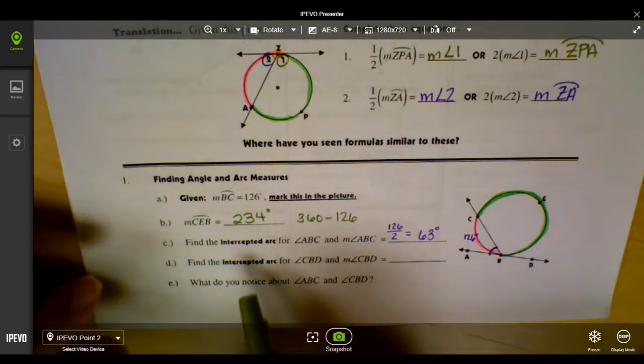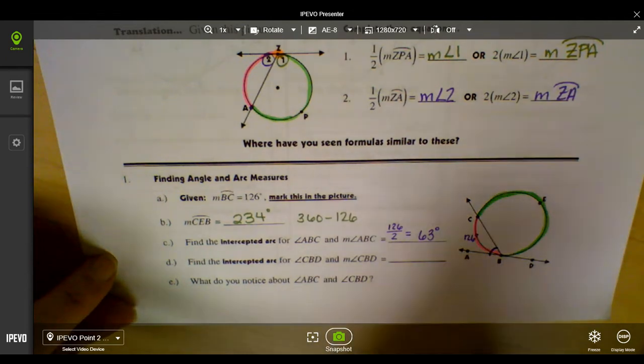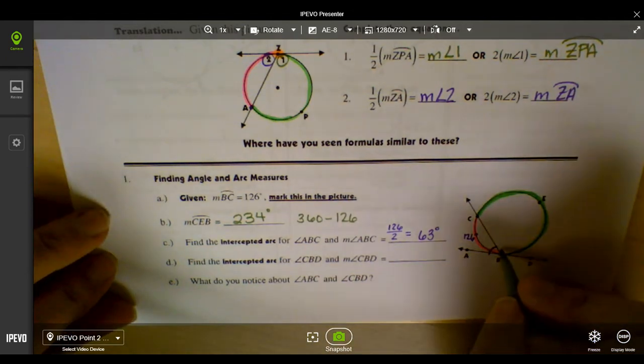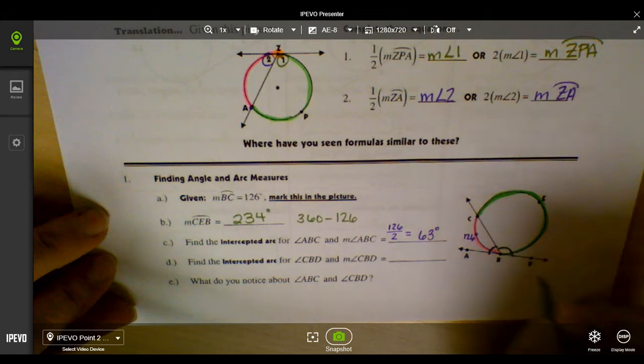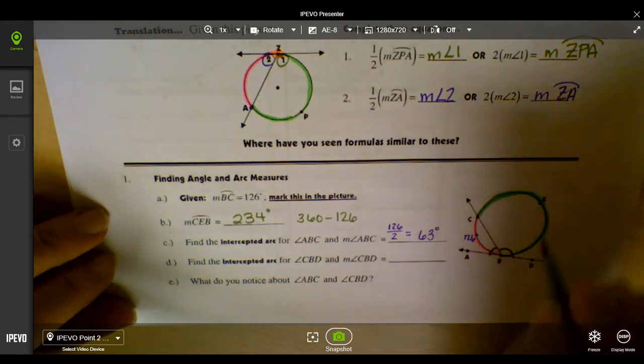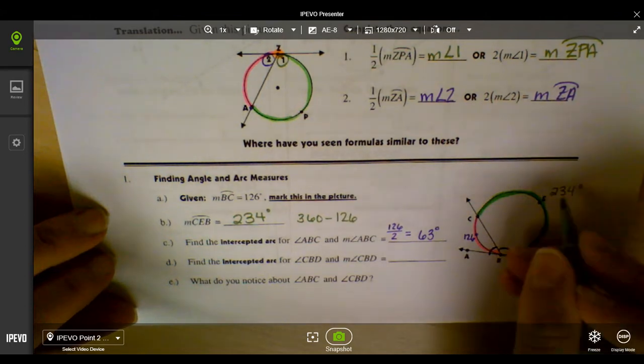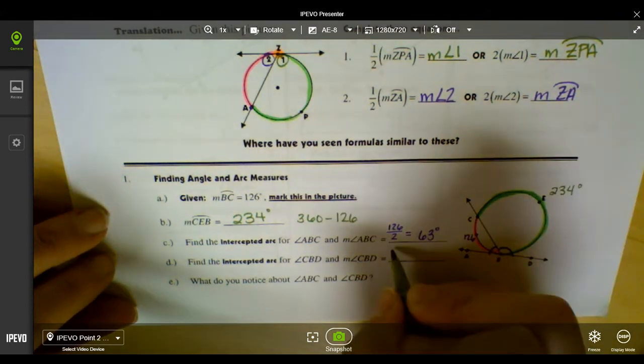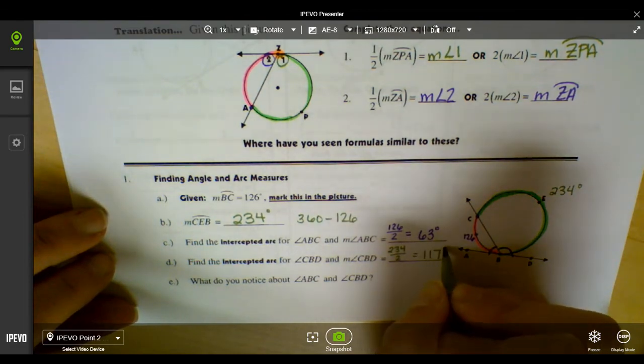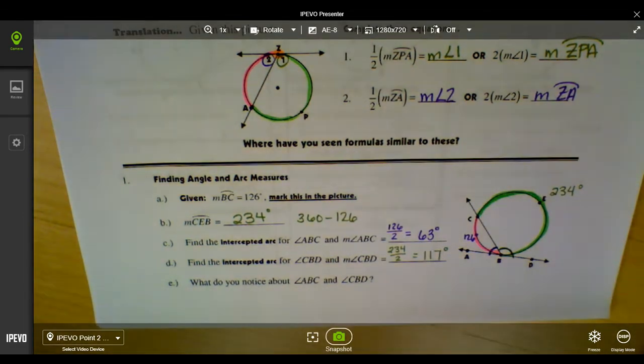Then it says find the intercepted arc for CBD. CBD is this angle. Find the measure of that angle. We already said that this whole thing was 234 degrees, which means I just have to cut that in half. So 234 divided by 2 is going to give me 117 degrees.